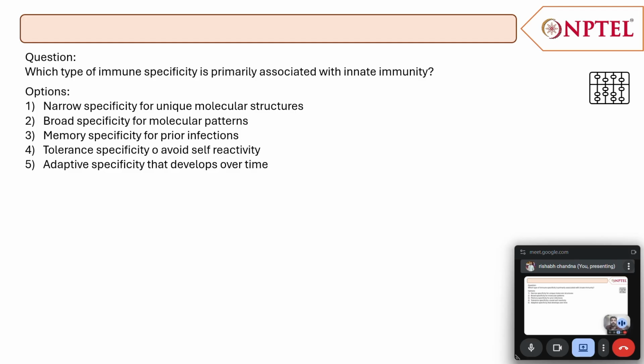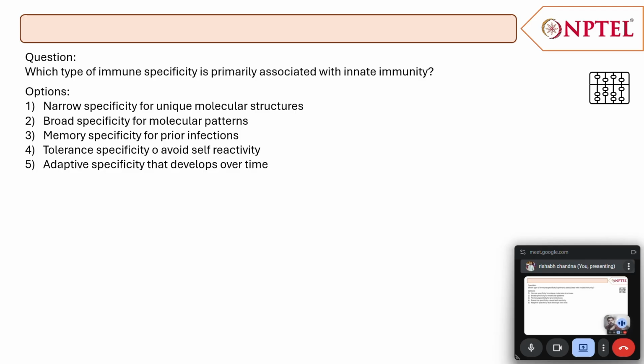So the options are: narrow specificity for unique molecular structures, broad specificity for molecular patterns, memory specificity for prior infections, tolerance specificity to avoid self-reactivity, adaptive specificity that develops over time.